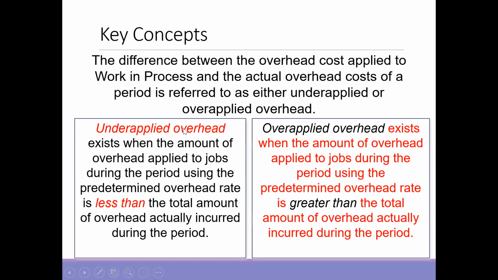Underapplied happens when the amount of the overhead applied to jobs is less than the actual cost. And overapplied happens when the amount we applied to costs is greater than the actual cost. We gave them way too much, so we're showing the costs were really greater than they were.